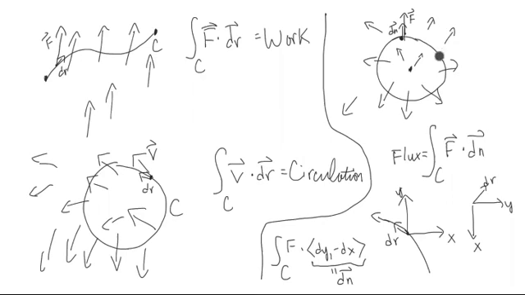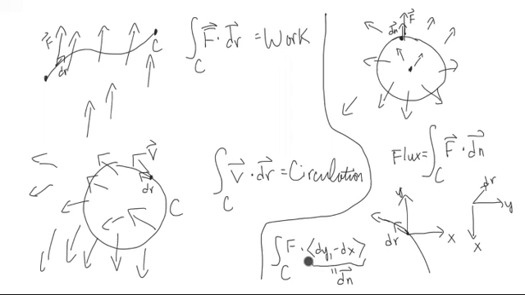Orthogonally pointing outward. The way we think about that is, let's suppose in our curve we have a dr here. Well, if we want the outward, imagine rotating this picture 90 degrees clockwise. You end up getting this picture with the y and the x pointing down, which gives you the sense that your dx that was pointing this way is now taking the place of dy and it's negative, and the dy that was positive is now taking the place of dx and it's pointing in the positive direction.